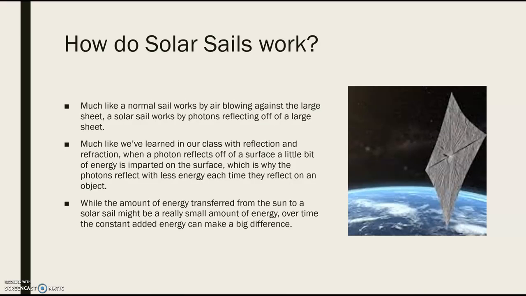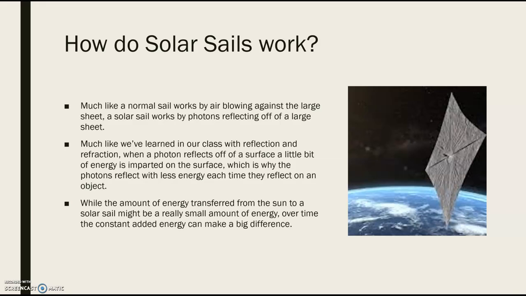So how do solar sails work? Well, much like a normal sail works by air blowing against the large sheet, a solar sail works by photons reflecting off of a large reflective sheet. Much like we've learned in our class with reflection and refraction, when a photon reflects off of a surface, a little bit of energy is imparted on that reflective surface, which is why the photons reflect with a little bit less energy each time they reflect off of an object.